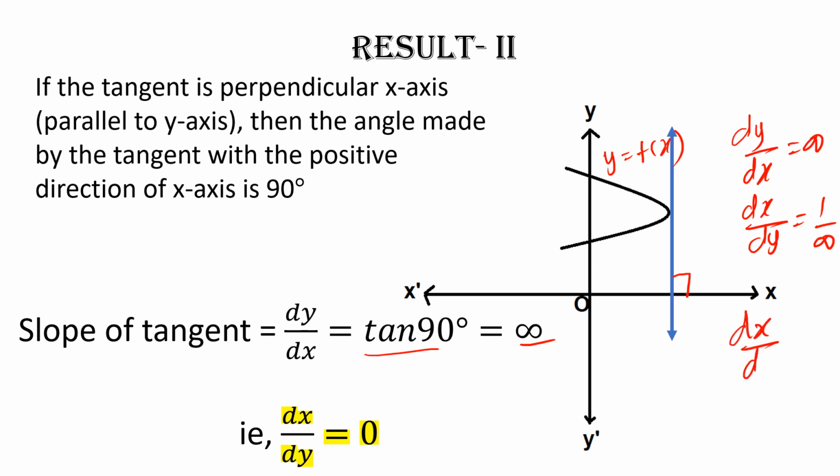Therefore dx by dy is equal to 0. So this is the condition: dx by dy is equal to 0 when the tangent line is either parallel to the y-axis or perpendicular to the x-axis.